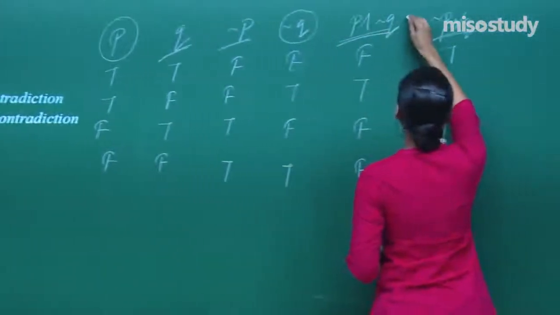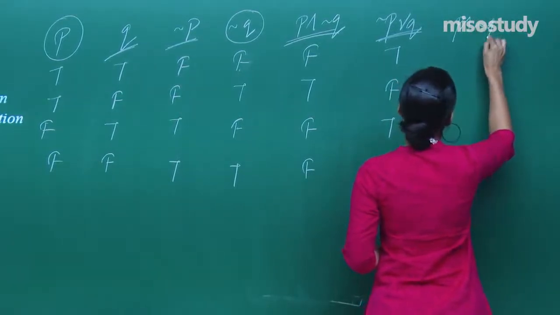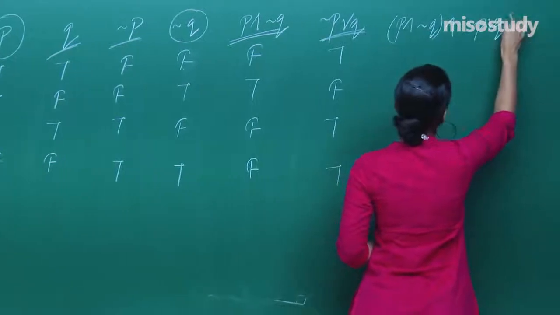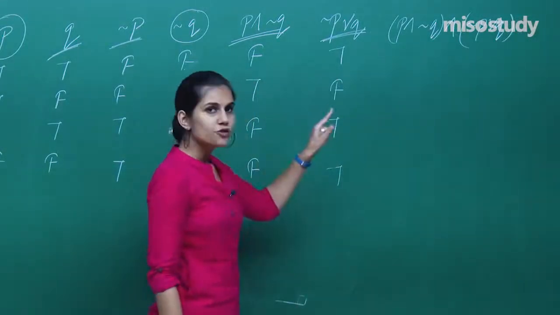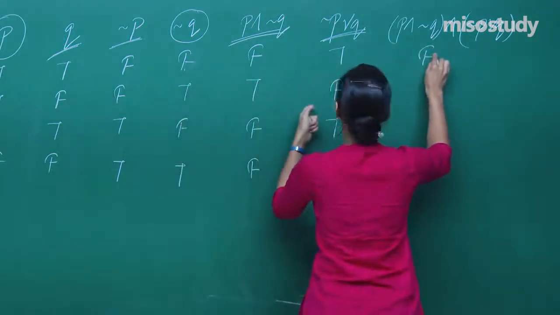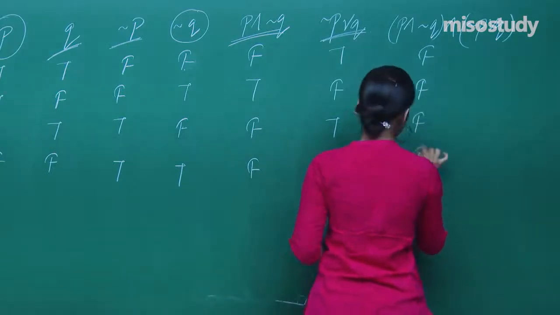So you want the and of these two statements, which is P and not Q and not P or Q. Clear? And is true only when both are true. So this is false, because both are not true, again both are not true, again both are not true.